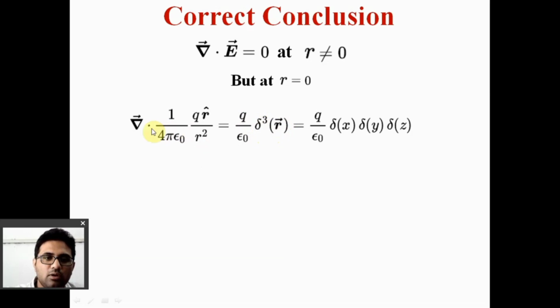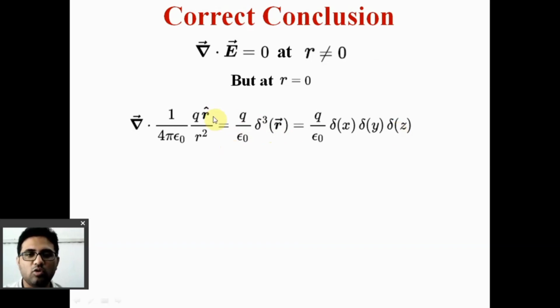See this very carefully: if we operate this divergence on 1 by r square, it will give us 4 pi delta cube r. Here there is 4 pi, and below there is also 4 pi, which was already there, so the 4 pi will cancel.